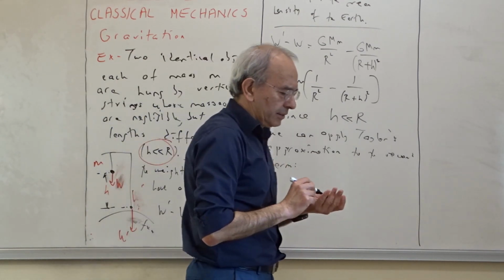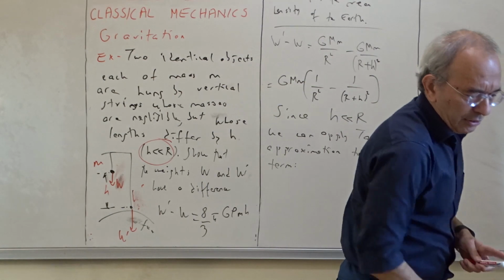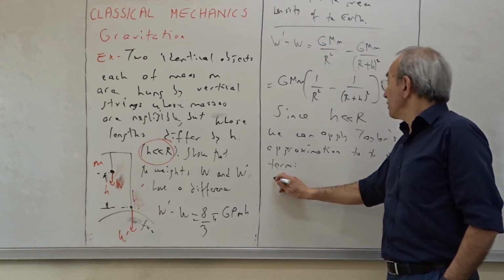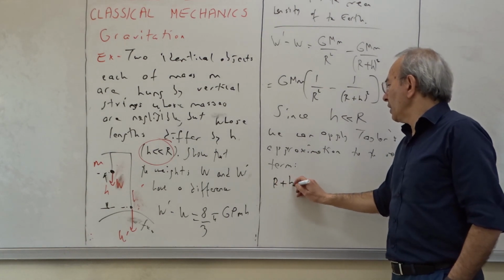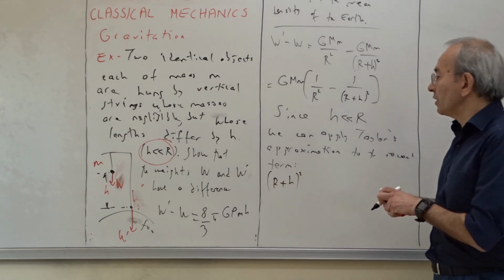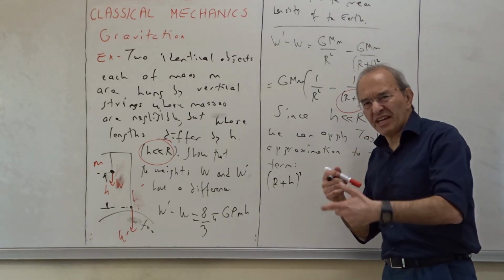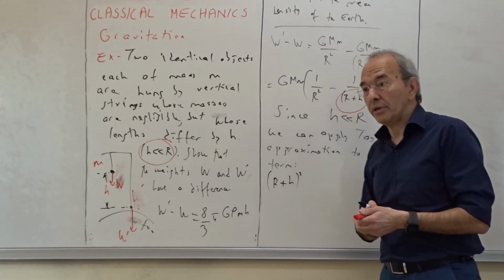How can we apply the idea to the second term? Let's see. For instance, we have r plus h squared. So we focus on only the second denominator. How can we rewrite it using this approximation?